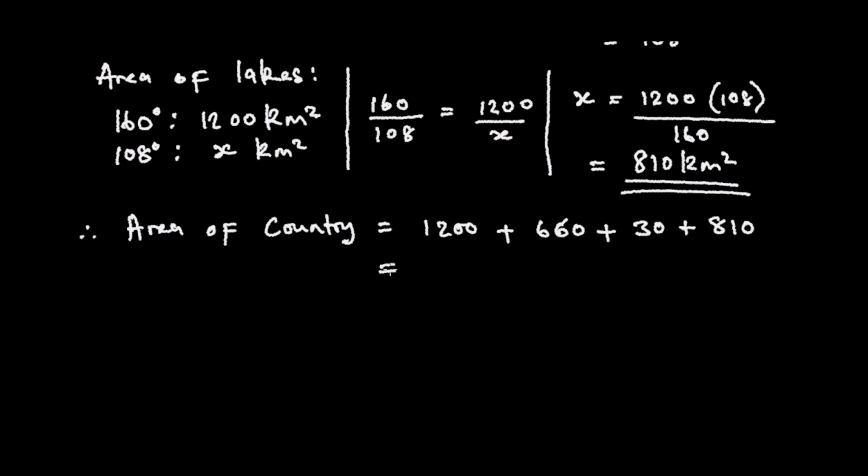What answer do we get if we do that manipulation? Saka tiri kuti 1200 plus 660 plus 30 plus 810 to get 2700 square kilometers. This is the area of the country. So this is the question we wanted to do.